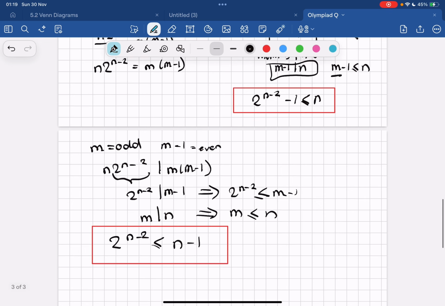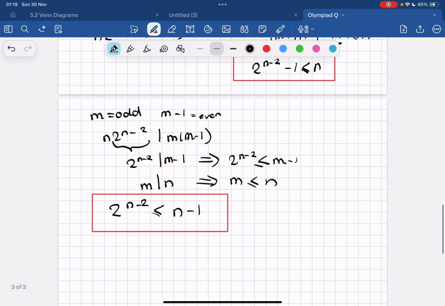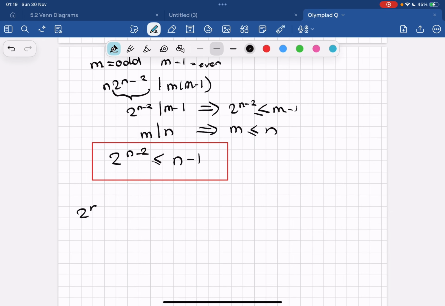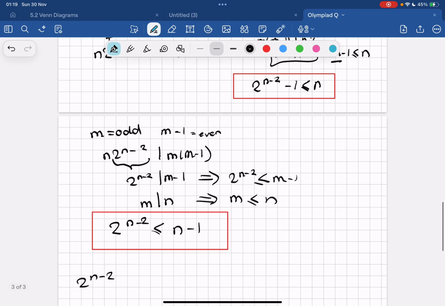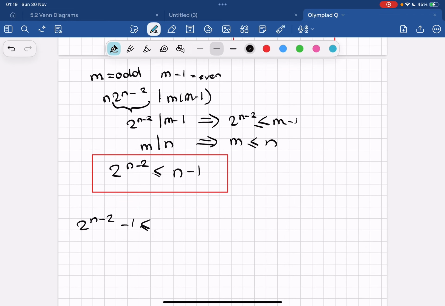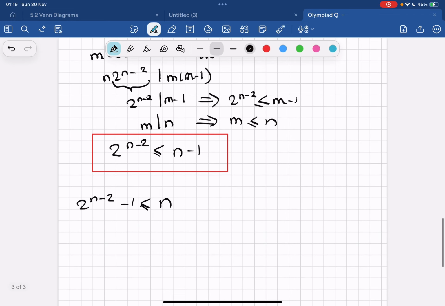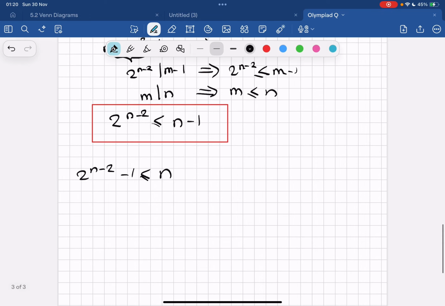Now, let's test our inequalities to see which values of n actually work. So if you take our first one, 2 to the n minus 2 minus 1 is less than or equal to n. Well, if we use n as 1, we'll have a fractional part, which obviously isn't useful, because then we'd have a fraction which does not give us a square.